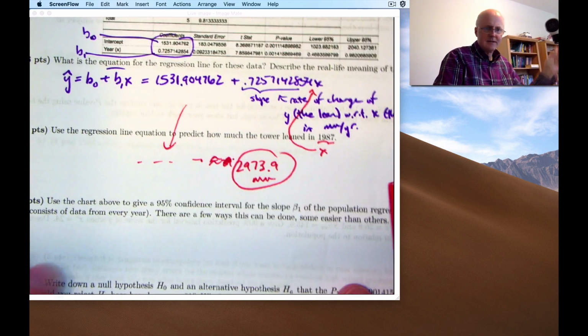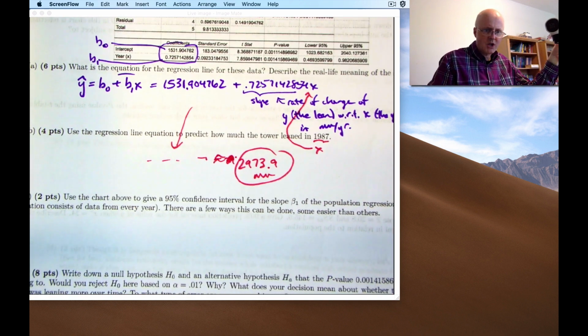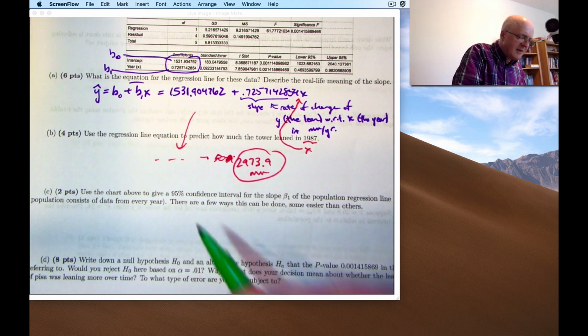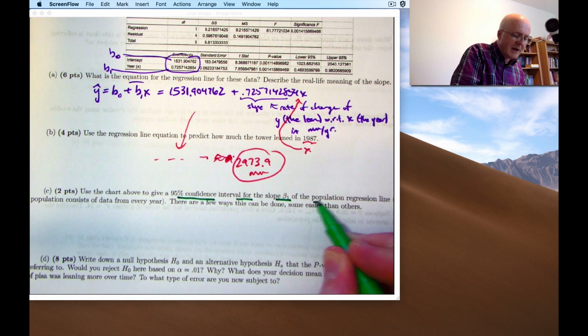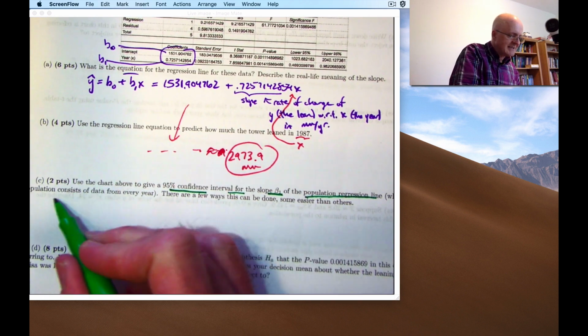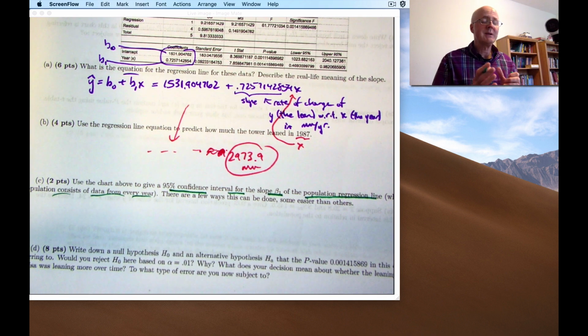Part C says, use the chart above to give a 95% confidence interval for the slope beta 1 of the population regression line. And I am emphasizing the population consists of data from every year. It's a somewhat valid kind of inference.